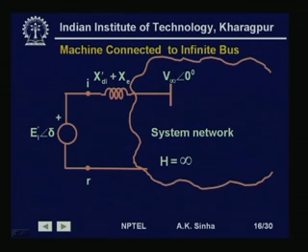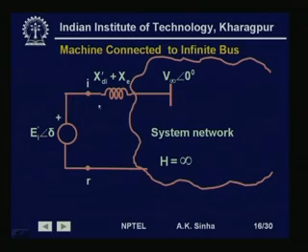Actually, we can see this as, if we have connected any machine to a very large system, then this system, being very large, will have very large inertia, and any change in power in this is hardly going to affect the speed or the frequency of the system. Also, since this system is very large and has a very large number of generators, the reactive power reserve will also be large enough.